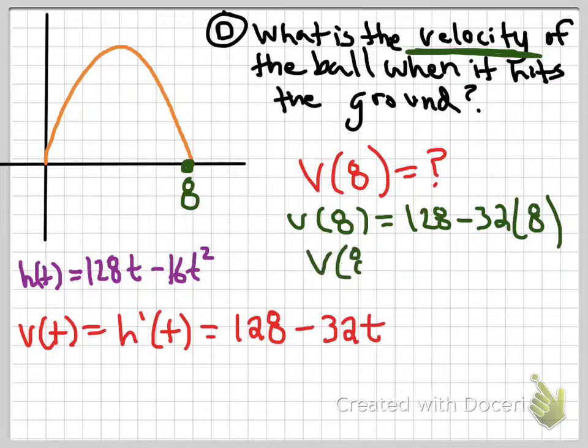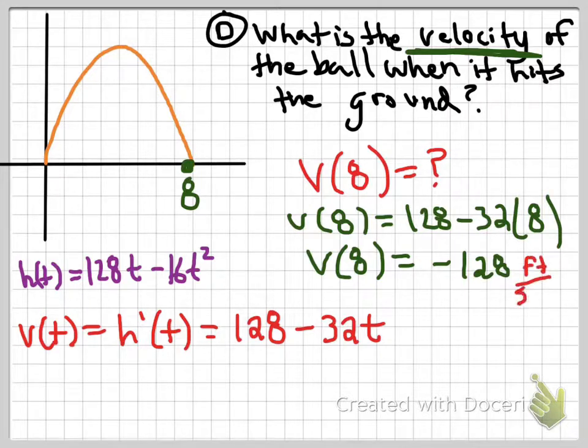And now I got to do some math. So v of 8 equals 128 minus 32 times 8. That's going to be a negative number. That's actually interesting. That's going to be negative 128. That's going to be my answer, negative 128. So now units, this is how fast the ball hits the ground. This is the velocity. So when I write my units for this one, I'm envisioning it's going to be in feet per second.